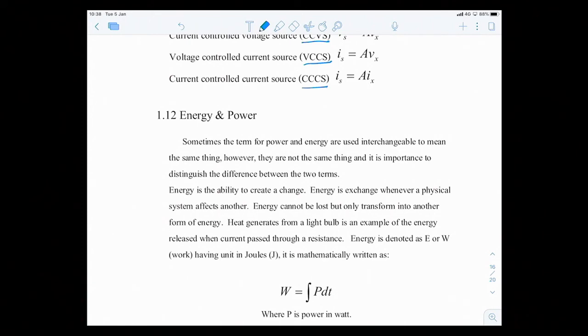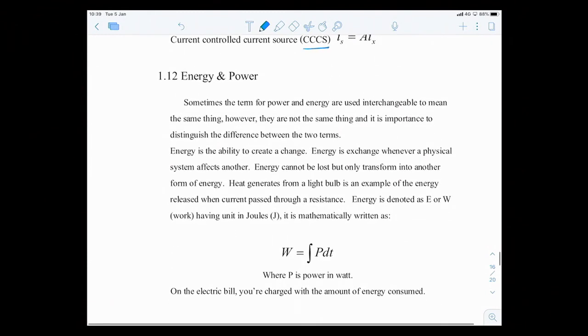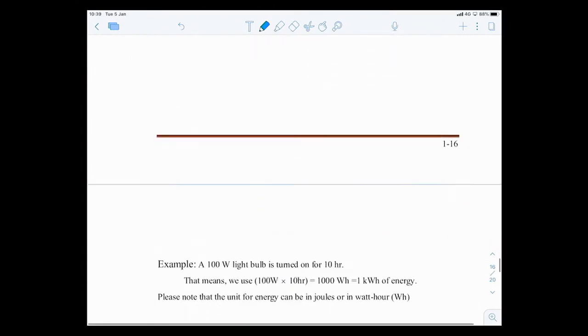The light bulb will be hot. That tells you that there's some energy released in terms of heat. Somehow energy has been generated. That's energy.